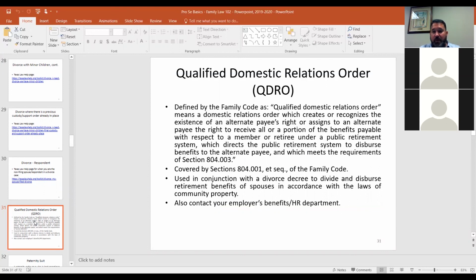So if I'm earning a pension, say I'm married for 15 years, and during that time I was earning money towards a pension with my employer, then my spouse is very likely to be eligible to receive a portion of that under community property. So an order has to be entered dividing that up, and that's called a qualified domestic relations order.